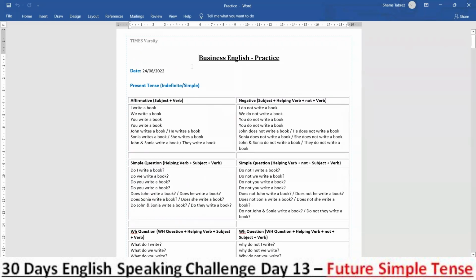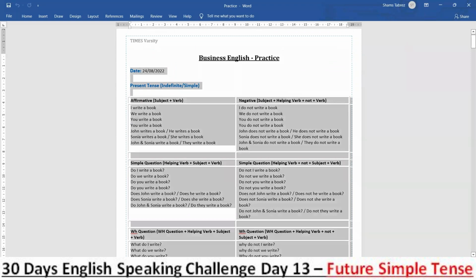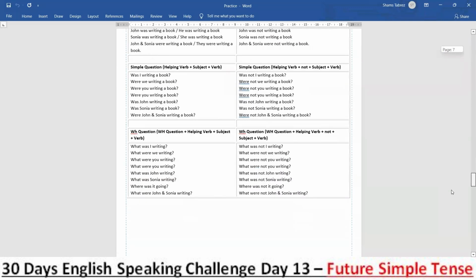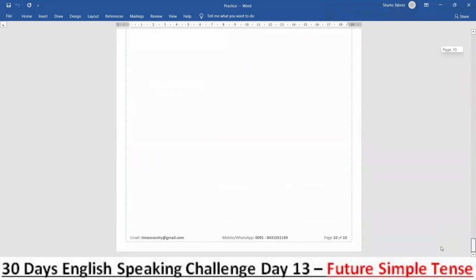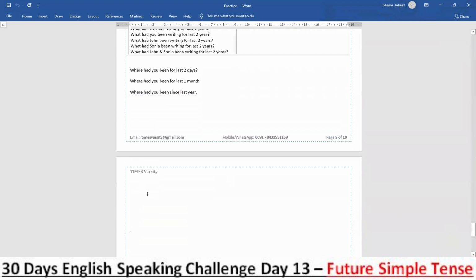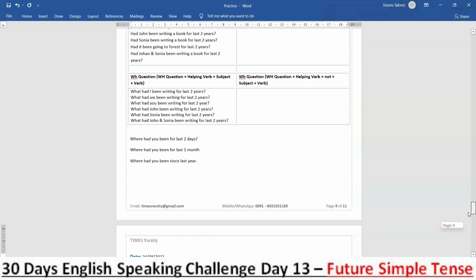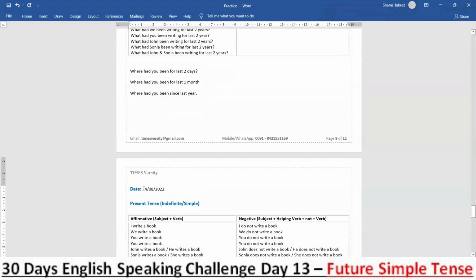Now let's take our practice. So here, let me copy this table and make present indefinite sentences. Today's date is 5th of September.